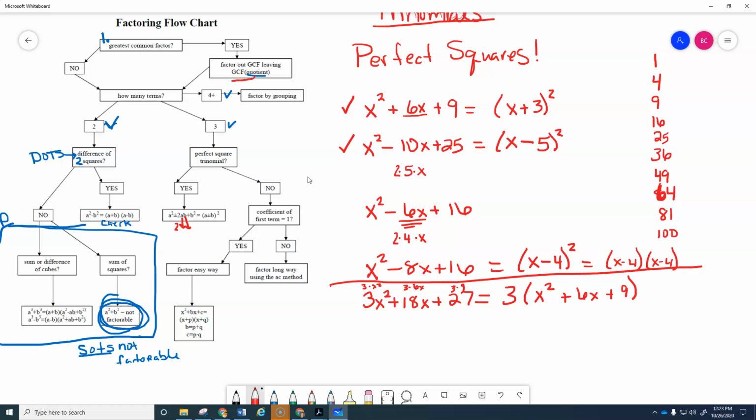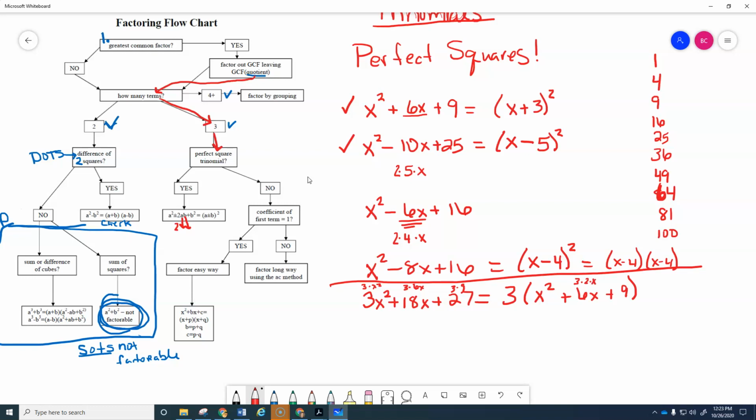Now ask the question about the quotient. How many terms does the quotient have? The quotient has 3 terms. Is it a perfect square trinomial? Perfect square, root times 2. This is 3 times 2 times x.